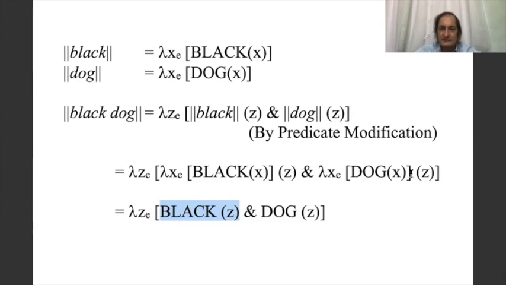Here, we do the same thing. That's a function, applied to the argument z. It says put z in place of x, give back the result, dog of z. So what do we get back? We get lambda z sub e, black of z and dog of z.